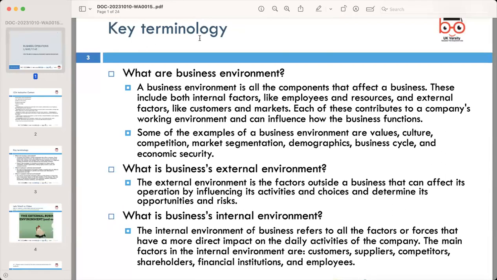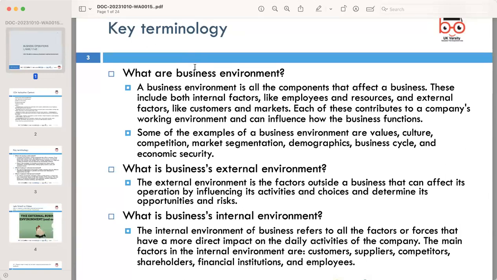Okay, so a business environment encompasses all the components that influence a business. It includes both internal factors such as employees and resources and external factors like customers and markets. These factors collectively shape a company's working environment and can significantly impact its operations.